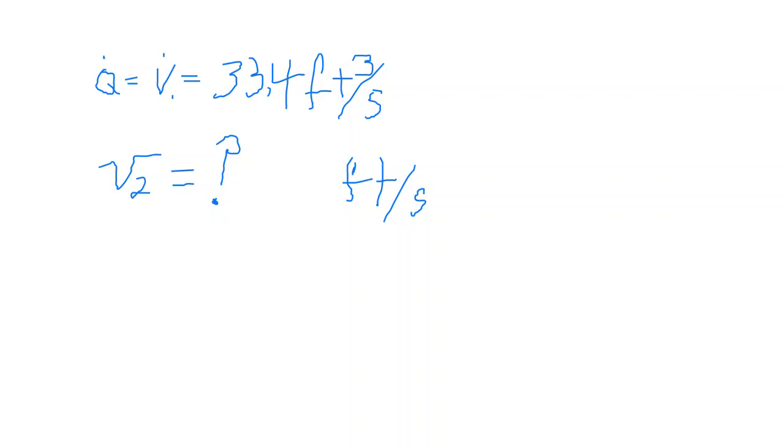So now that you know this, which is written horribly, but now that you know that it's 33.4 cubic feet per second, which is the volume that's flowing through the duct, what is the velocity? Nobody knows.